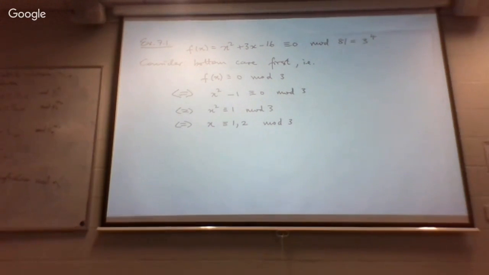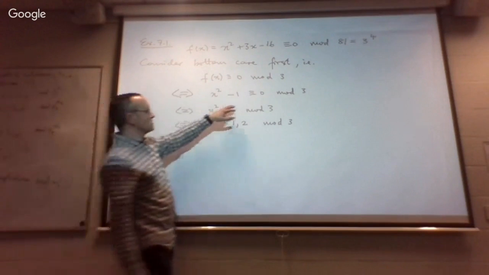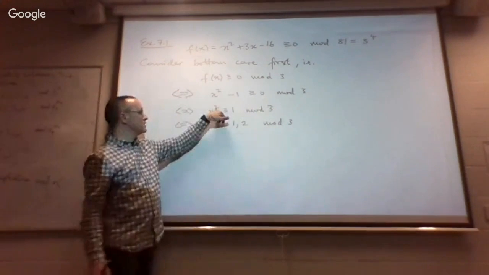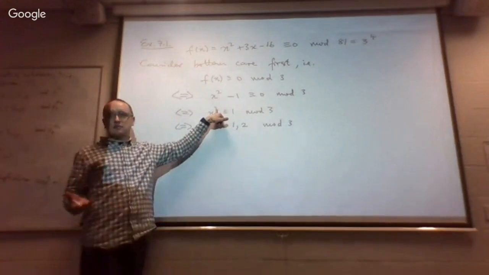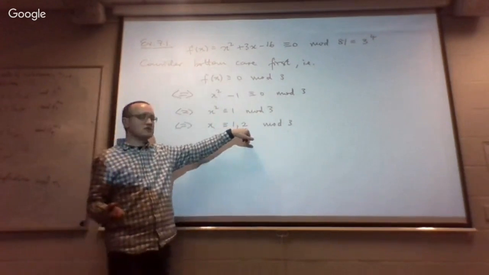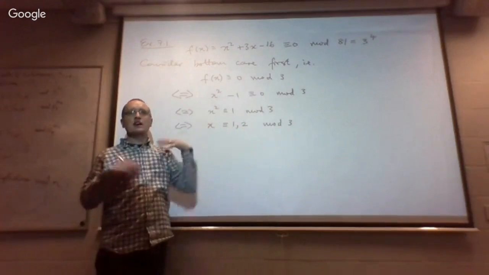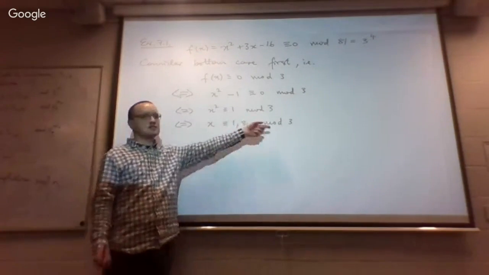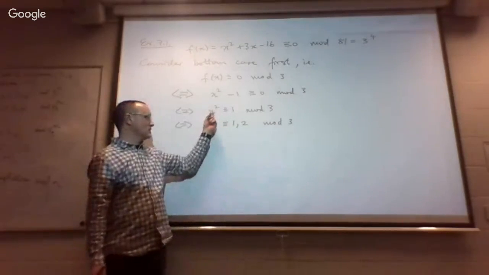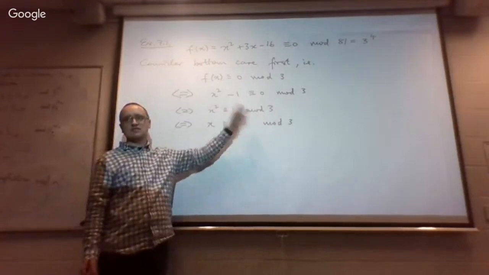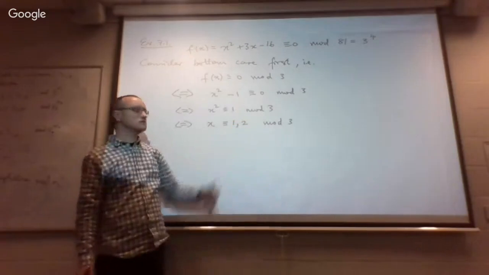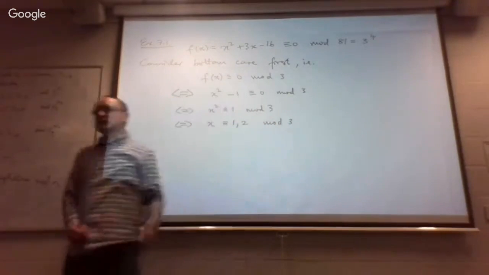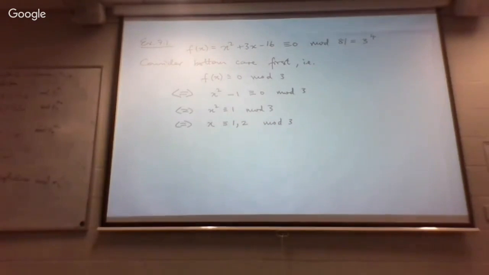And if we wanted to, we could appeal to that theorem of Lagrange that said, for a polynomial congruence modulo a prime, the degree of the polynomial gives you an upper bound on the number of solutions. Well, here are 2 solutions we've found, so we know there's no more. Of course, we also know there's no more because the only other option modulo 3 is 0, and 0 is not congruent to 1 modulo 3. So 0 is plainly not a solution. There's not too much that can happen modulo 3.